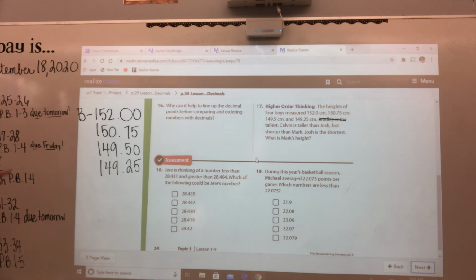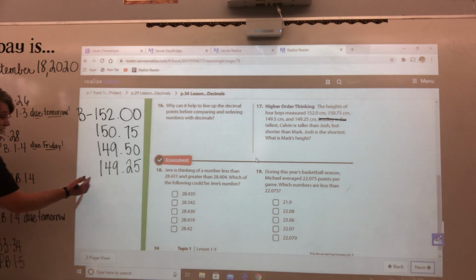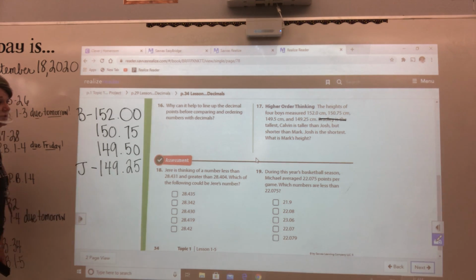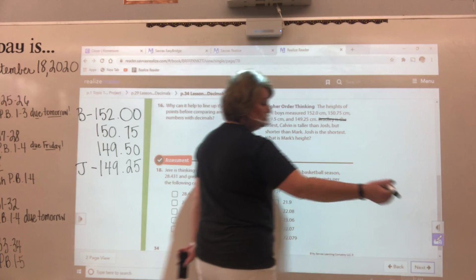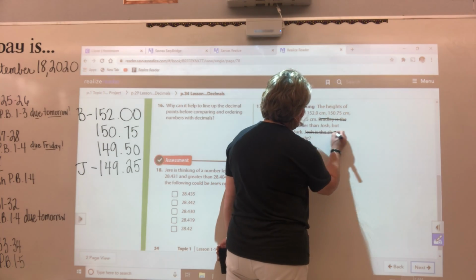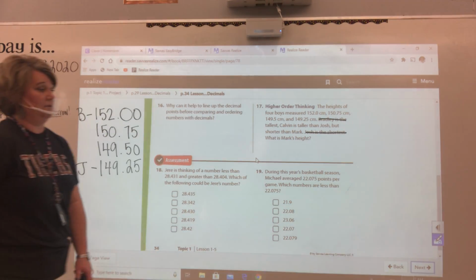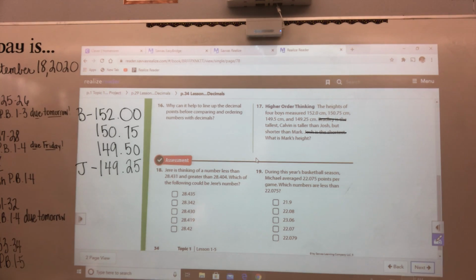Say it like money. $149 and 25 cents. I agree. There's Josh. He's the shortest. But you should have already had that written. You shouldn't have waited on Xander's answer.